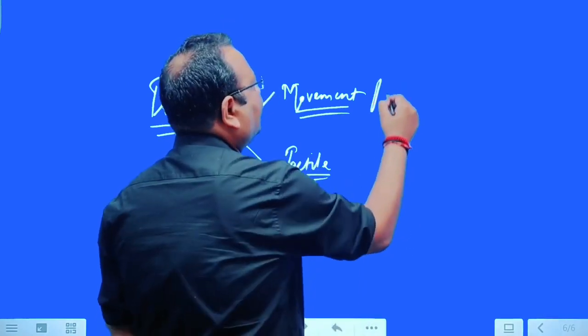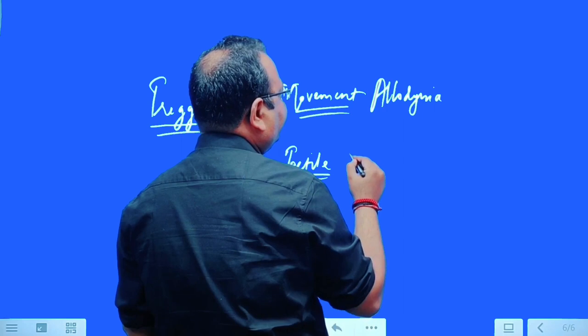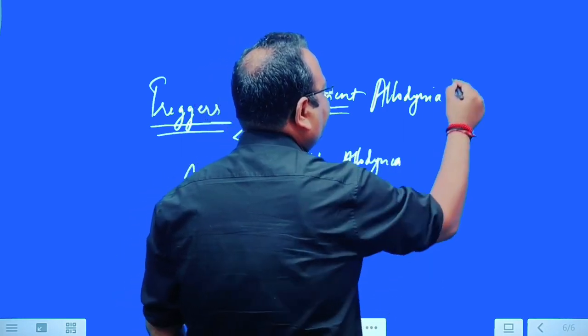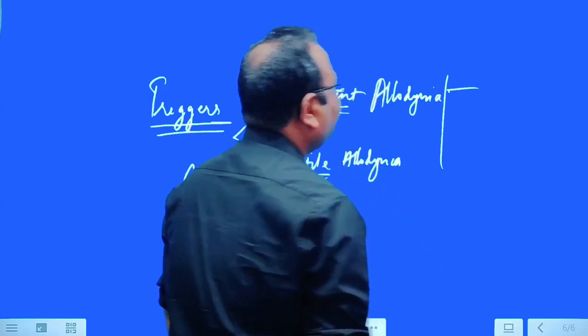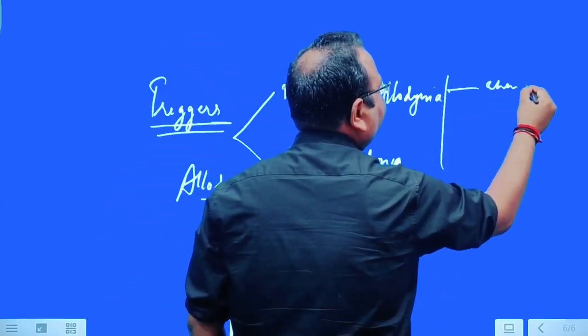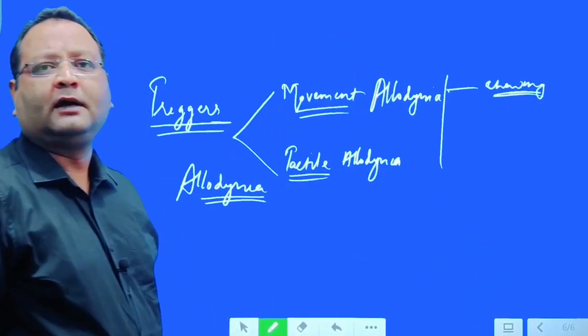So there can be movement allodynia, or there can be tactile allodynia. Now, an example in movement allodynia is simple chewing. While chewing, the pain can occur.